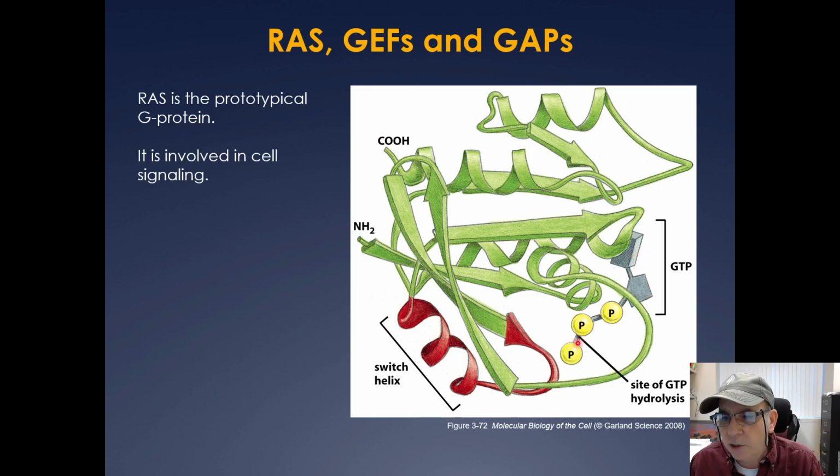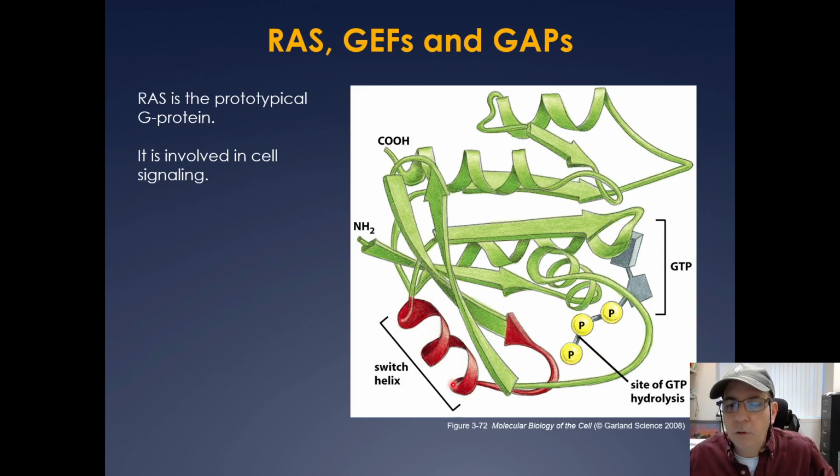When it's bound to GTP, you have this switch helix that's sticking out, okay? When the GTP gets hydrolyzed to GDP, the switch helix can change its conformation, okay? And whether or not it's bound to GDP or GTP will depend on the location of this switch helix and then determine its activity.